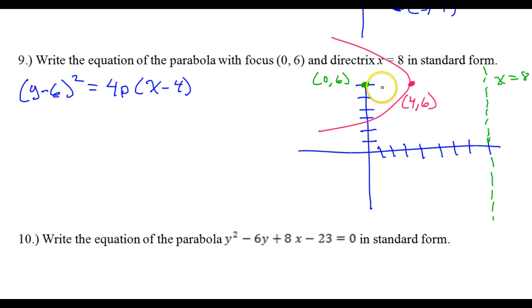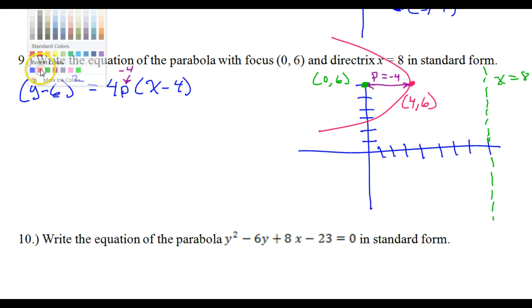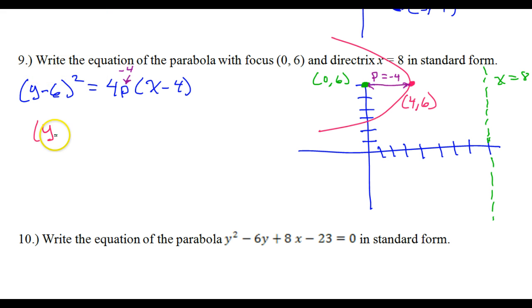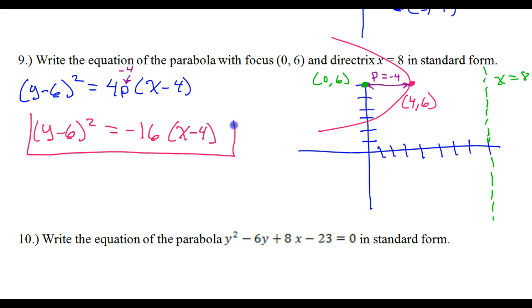This p-value is 4, from 0 to 4, but let's call it negative 4, because it's to the left. So if I put in negative 4 right here, I am golden. My final answer is (y − 6)² = −16(x − 4). So there you go.